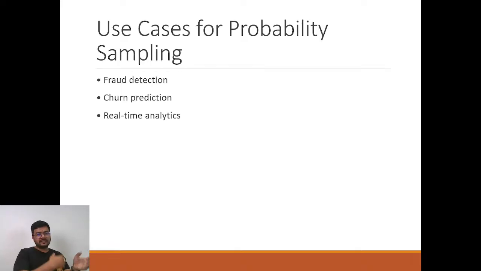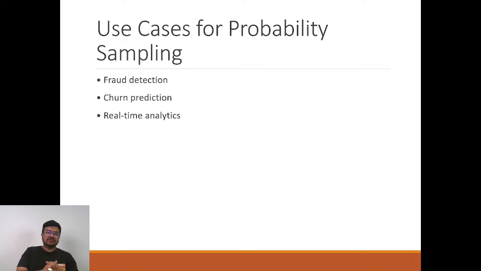Parts keep on being manufactured, they keep on coming, and it's not possible for you to sample each one of them and perform your quality test on each one, right? So what you need to do is select any part at random and then perform your quality analysis on it. So real-time analytics requires probability sampling.